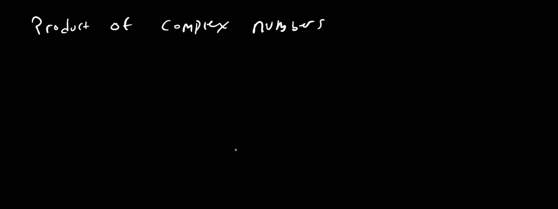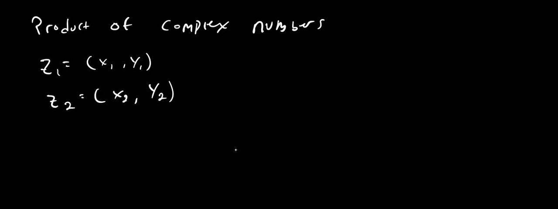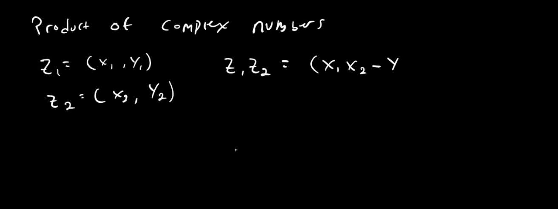Again, z1 is x1 comma y1, and z2 is x2, y2, and we define the product z1 times z2 as equaling x1 times x2 minus y1 times y2, comma, and the y component will be equal to y1 x2 plus x1 y2.